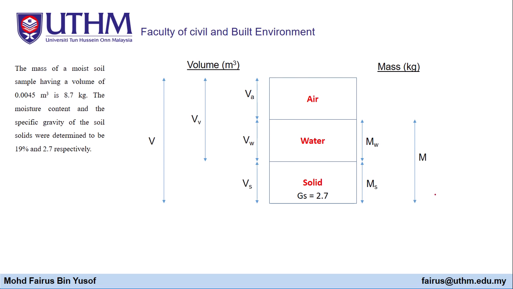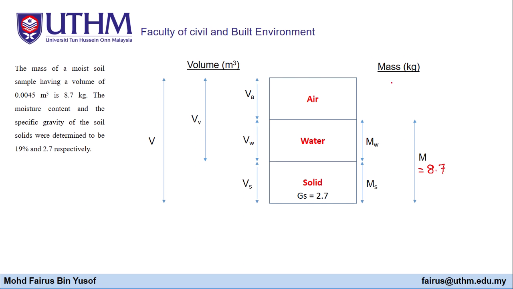So the mass of moist soil is the mass of water and the mass of solid, meaning the total mass. So we know that the total mass here is 8.7. So you have to write here 8.7. Right?